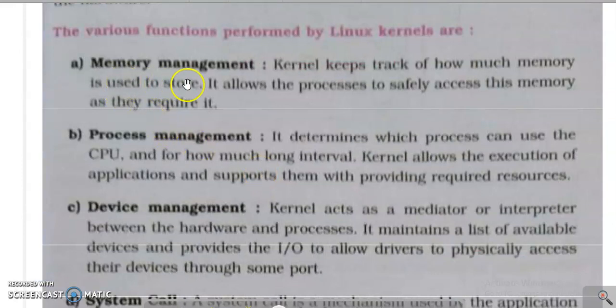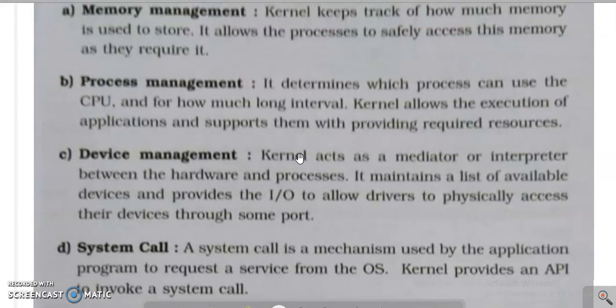First is memory management. Kernel keeps track of how much memory is used. So memory allocation is done by the kernel. Process management. It determines which process can use the CPU and for how long an interval. Kernel allows the execution of applications and supports them by providing required resources.